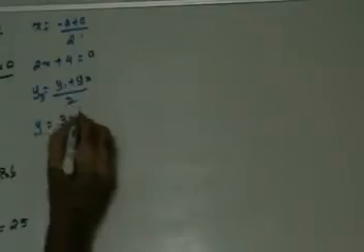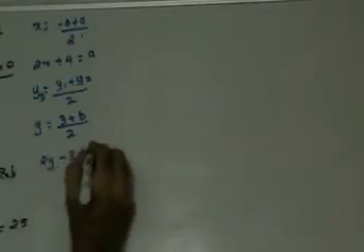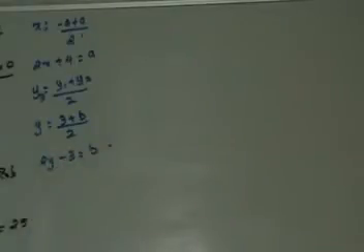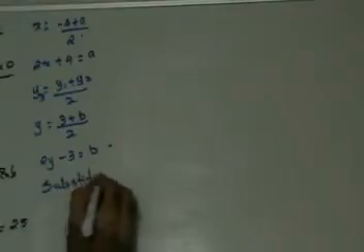Similarly, I can say y3 is equal to y1 plus y2 upon 2. So y is equal to y1, y1 is 3, plus b upon 2. So you can say 2y minus 3 is equal to b. Now substitute a and b in equation 1.